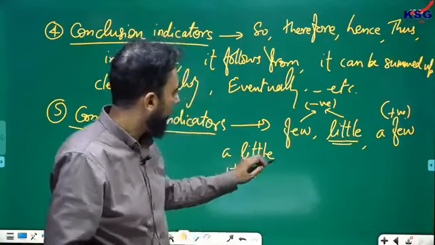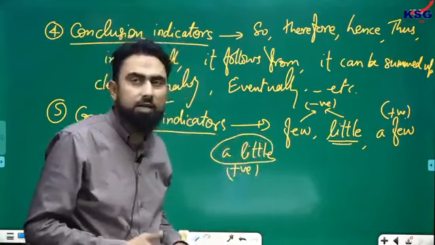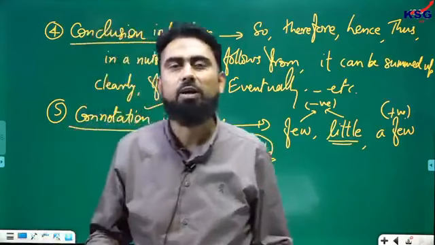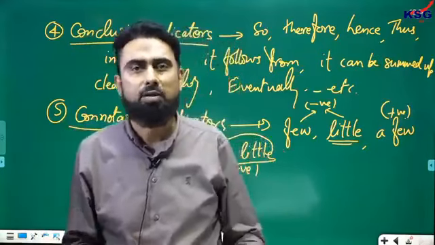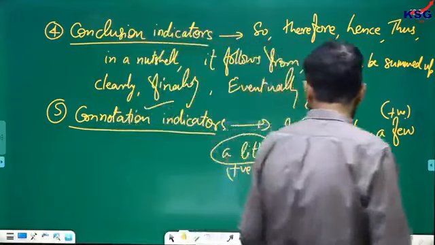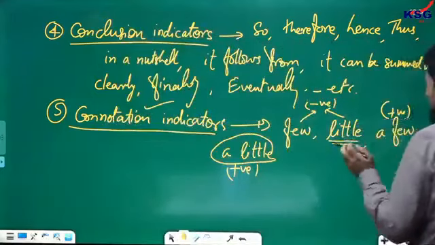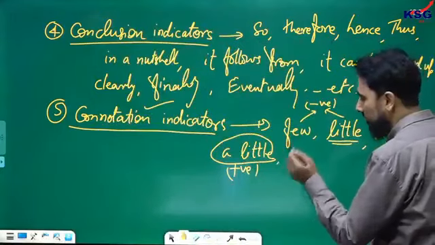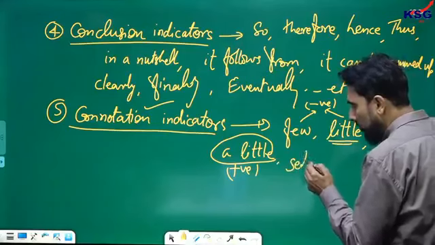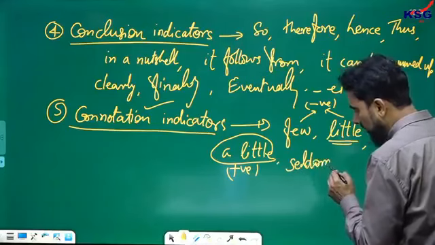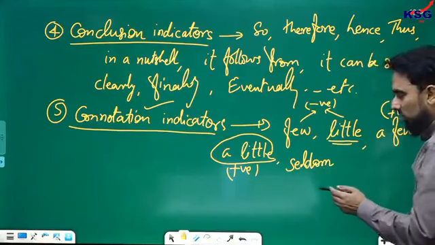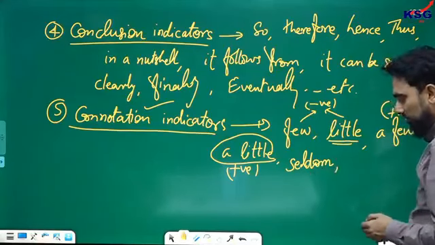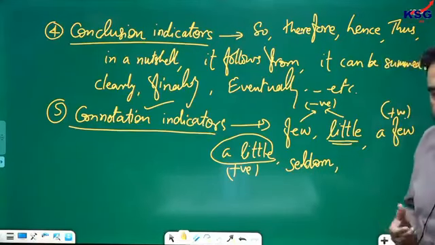But if there is another friend who wants to help him and says, yes, I have a little money, I can help you, it means not much, however, it can be managed. So a few and a little give the positive sense, while few and little convey something so small that it is negligible. There are other words we use for frequency, like seldom. It again gives a negative kind of sense, very rarely. It's not like never. Never is exactly zero.